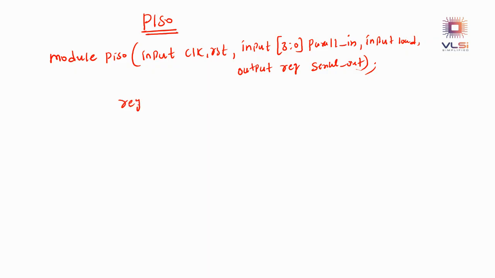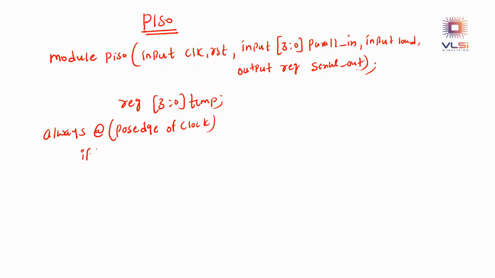Okay, so always at the passage of the clock, if reset equal to 1, temp equal to what? You are just initializing the output of all the registers.